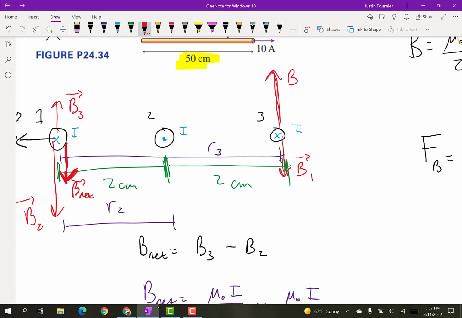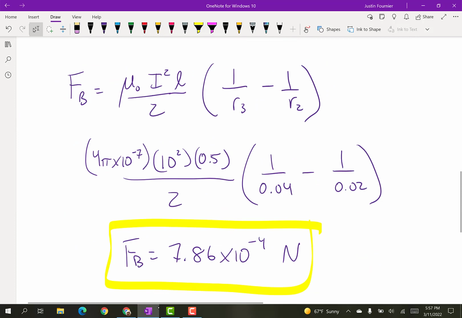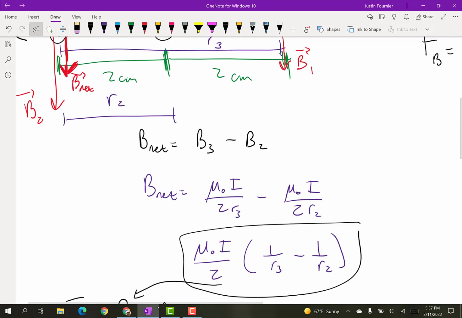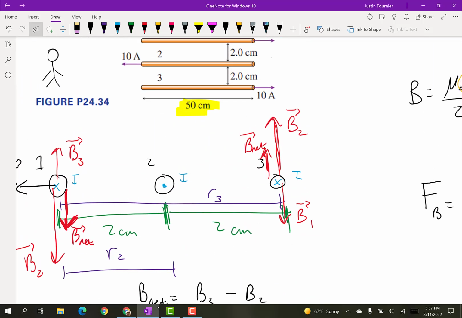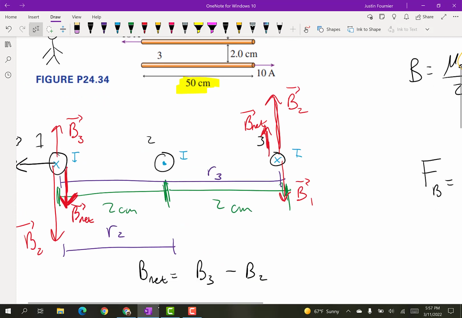So this is the magnetic field due to 2. So the net magnetic field this time is going to point this way. But if you can see, the values are going to be exactly the same. The magnitude of the force is going to be the same as if I plugged it in here, because nothing's really changed aside from the direction of the net magnetic field.